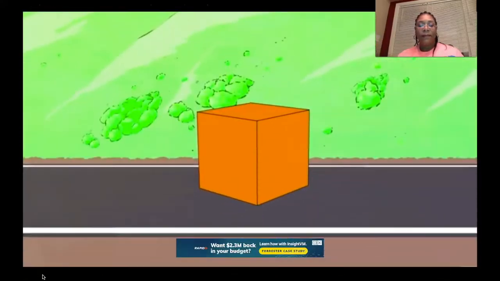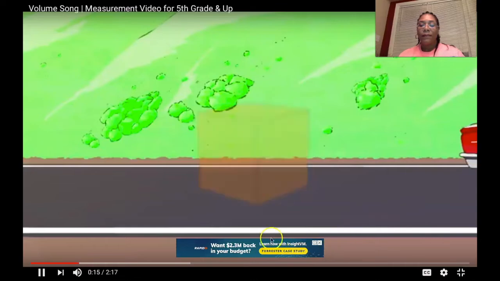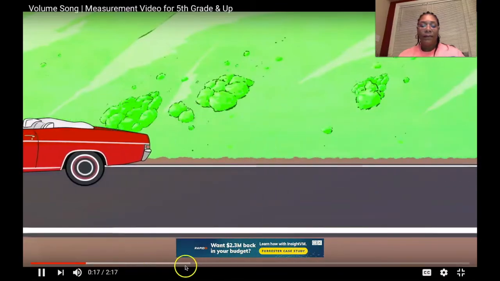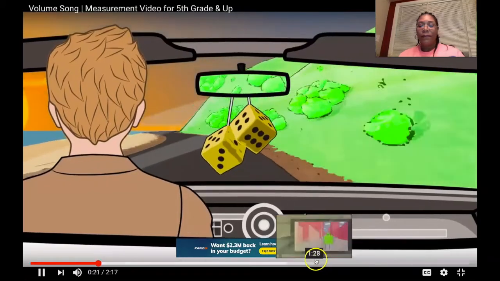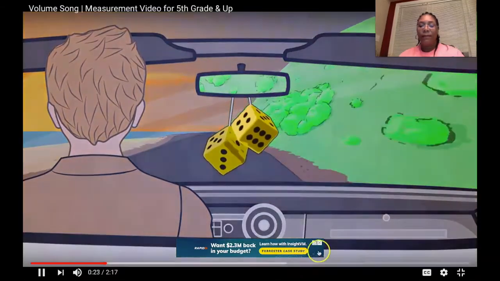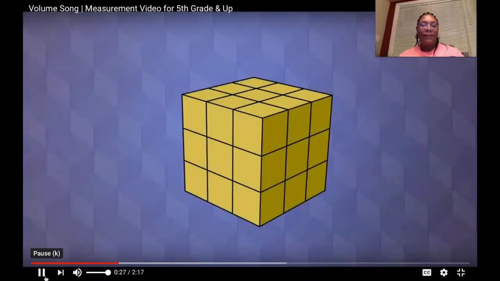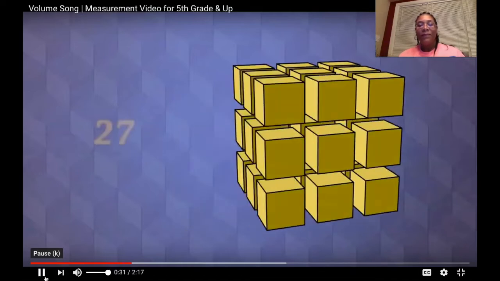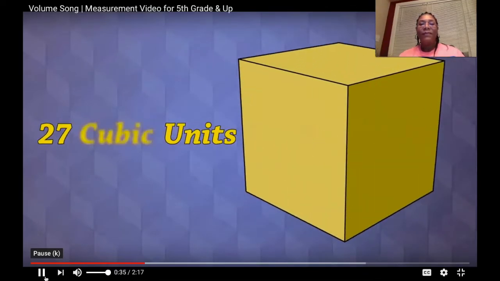To find the volume of a cube, side times side times side will tell you the number of times a cubic unit will be able to fit inside it. Imagine a cube with edges of 3. Multiply 3 by 3 by 3 to see. It can fit 27 units. Gotta mention that they're cubic.